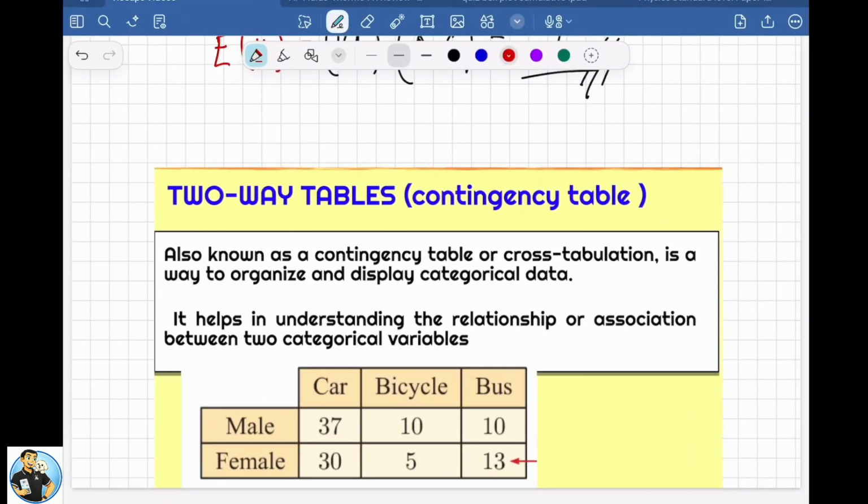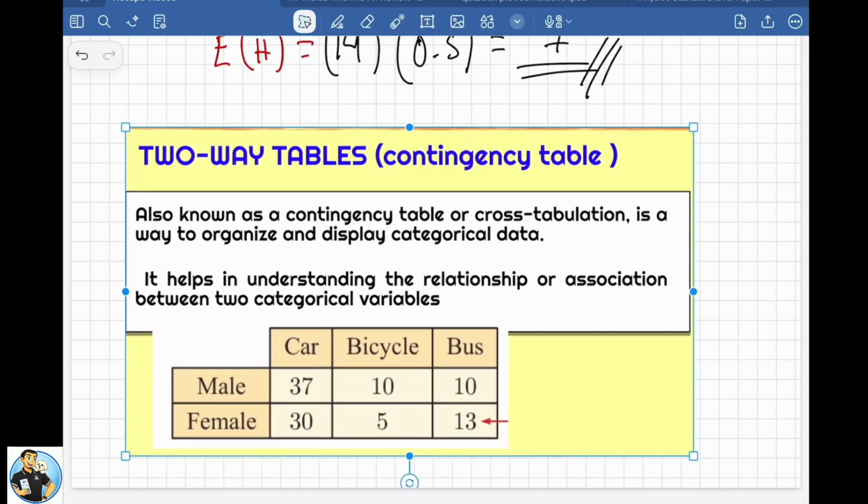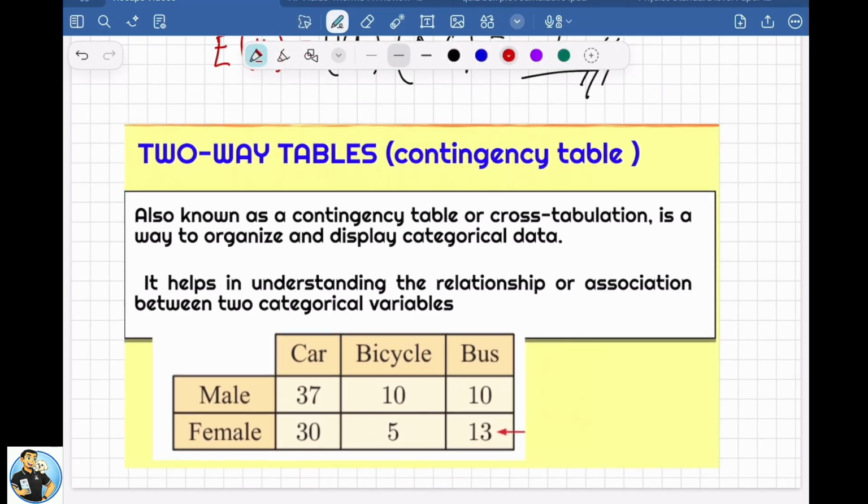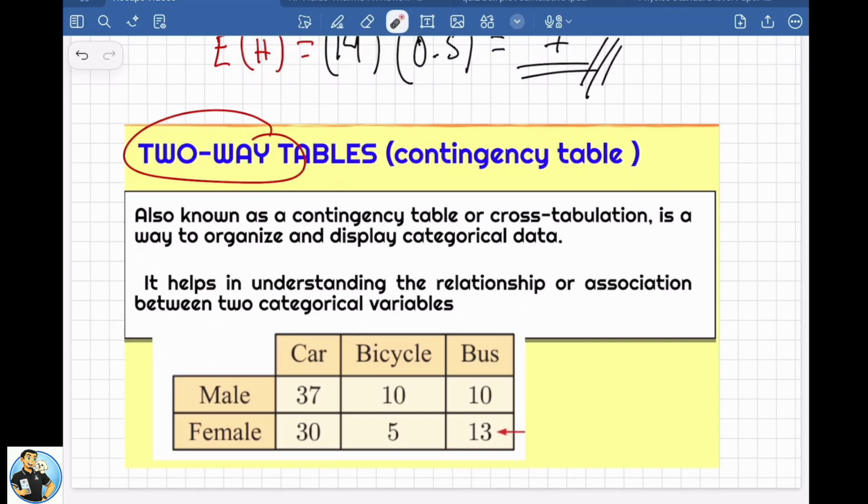To complete this video tutorial about probability, we are going to consider two-way tables, or contingency tables. This is a way to represent an experiment or event, and we can use it to find probabilities. We call them two-way because we have the relationship between two variables.